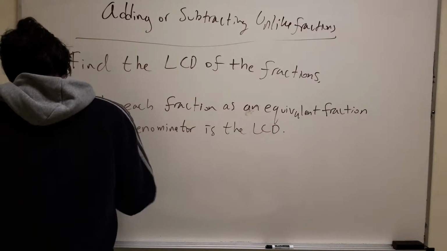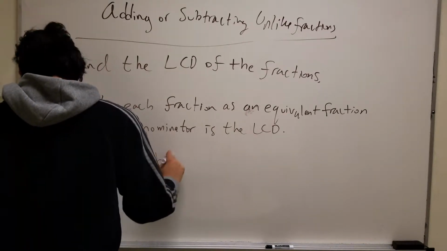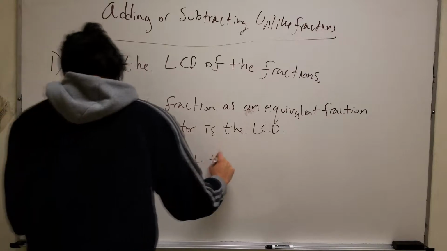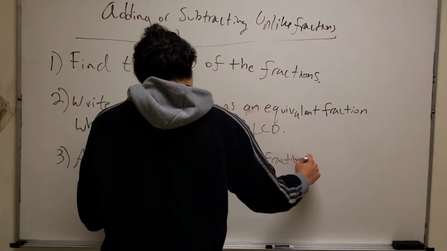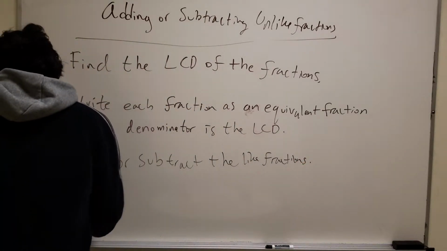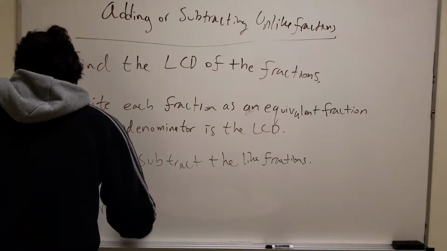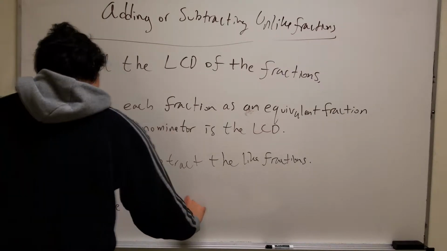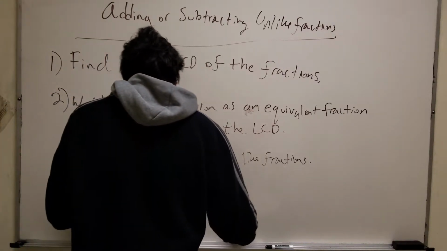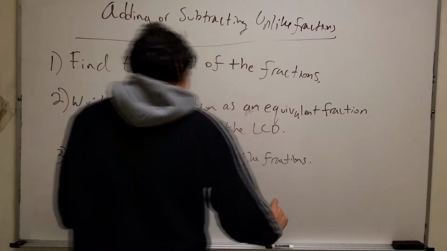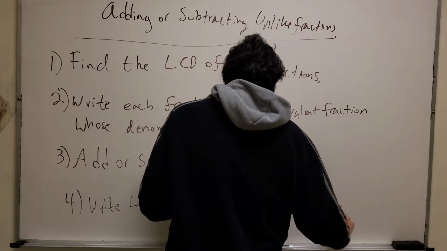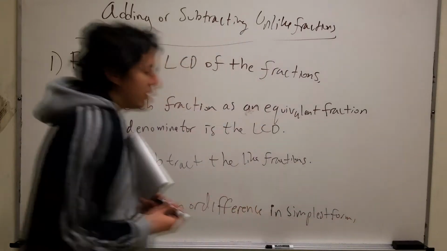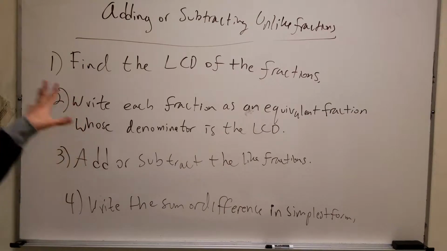Step 3, you add or subtract the like fractions. And number 4, you write the sum or difference in simplest form.